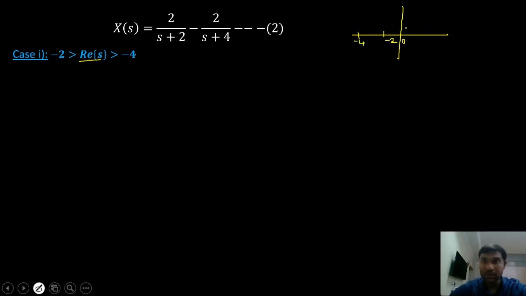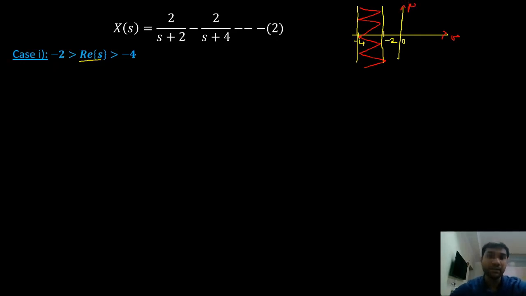So my ROC is in between minus 4 and minus 2. The red region is my ROC. This is sigma and this is j omega. My x-axis is sigma and the y-axis is j omega.